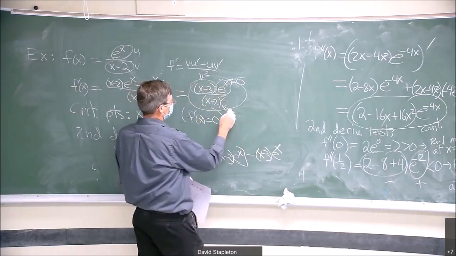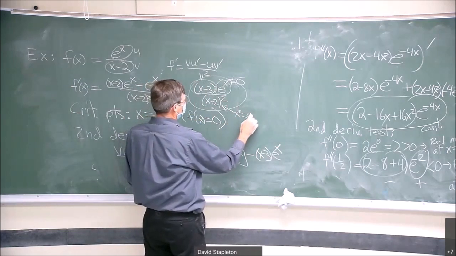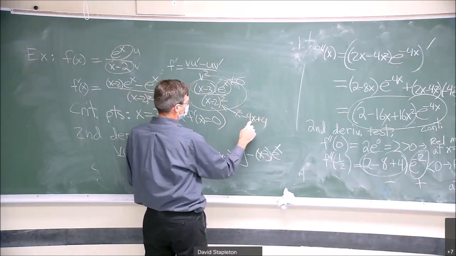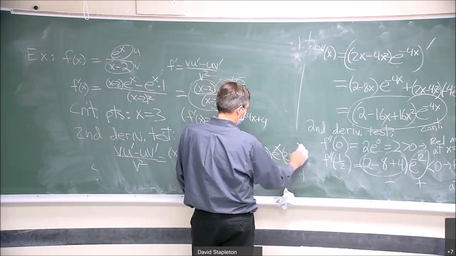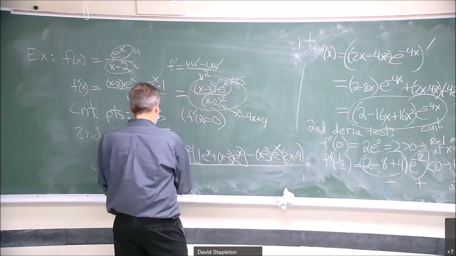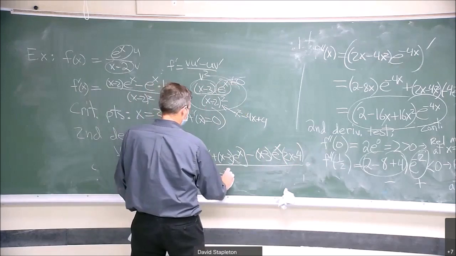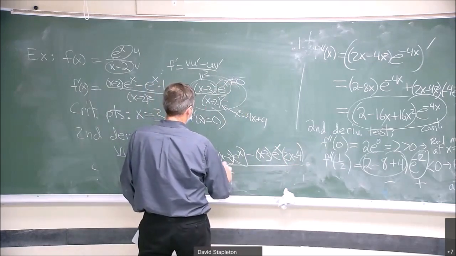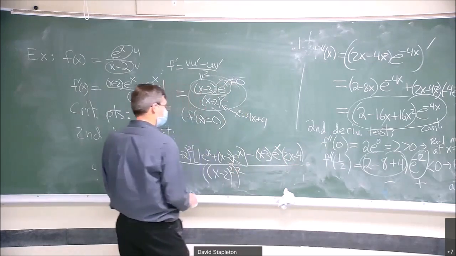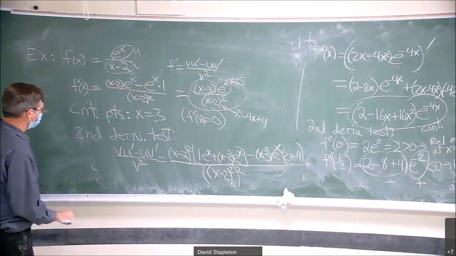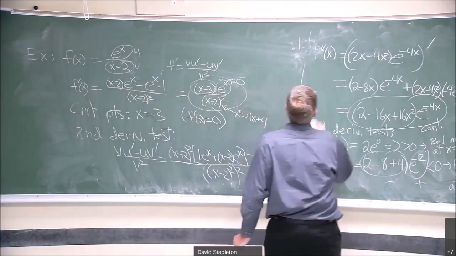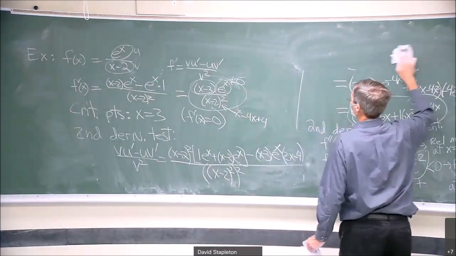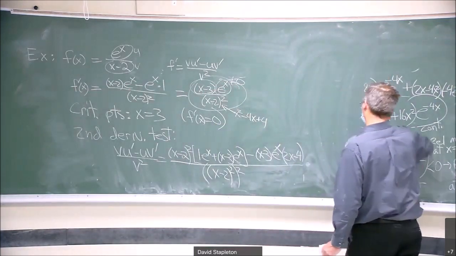If you write this out, it is x squared minus 4x plus 4. You observe its derivative is 2x minus 4. Then it's all over v squared, which is x minus 2 squared squared. This one's tricky. Maybe the quotient rule and the product rule.